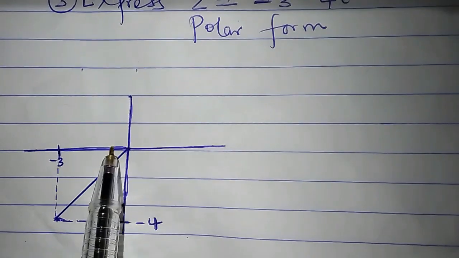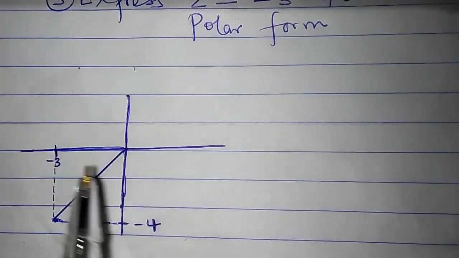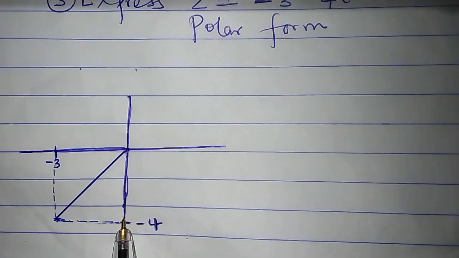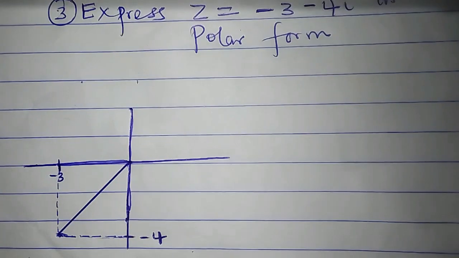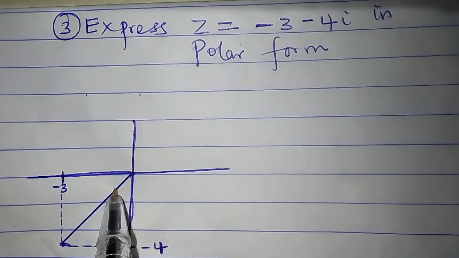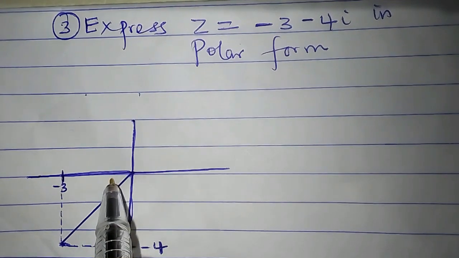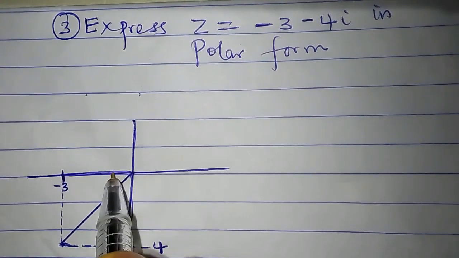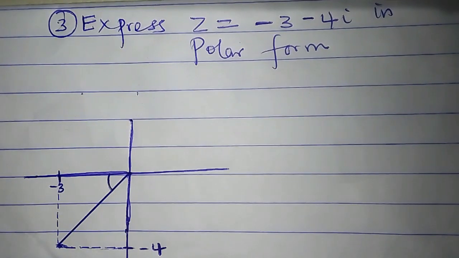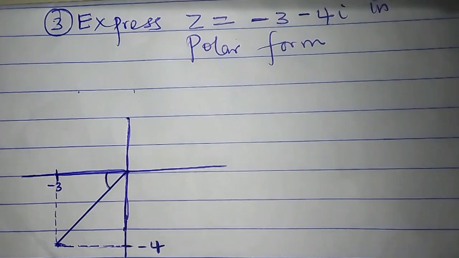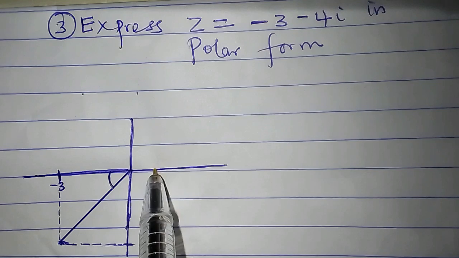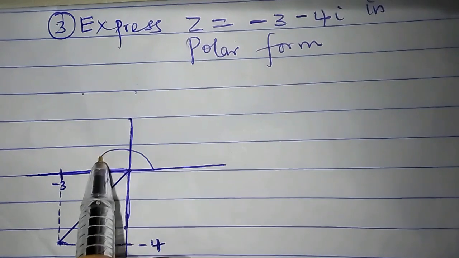So this is the negative real axis, and this is the negative imaginary axis, all right? And the reference angle is always made with the horizontal. Take note of that. But the angle we are looking for must be in the third quadrant. And that angle is measured from the positive real axis down to this line.